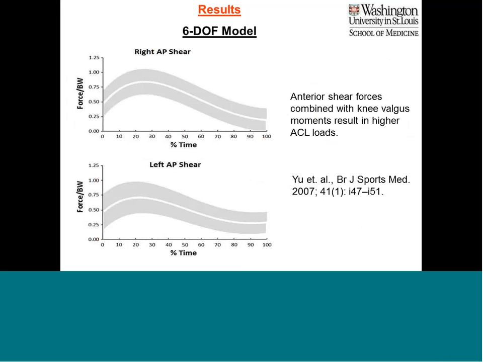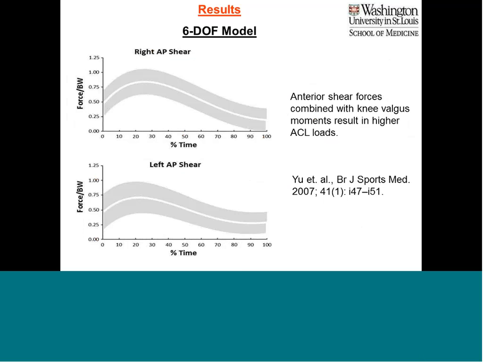So here is the right and left anterior posterior shear, the results that I got from the forward dynamic simulation. As I mentioned, the anterior shear forces combined with knee valgus can have the propensity to cause more damage to the ACL. And what I found was that the shear forces were quite high in comparison to body weight.